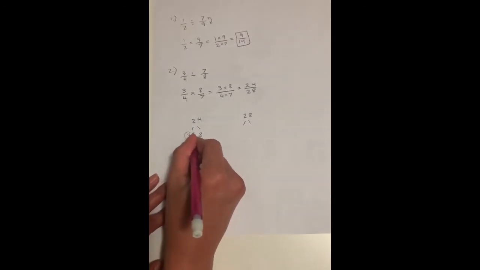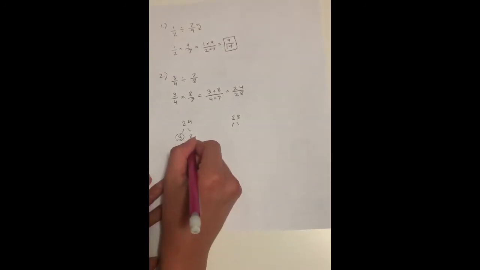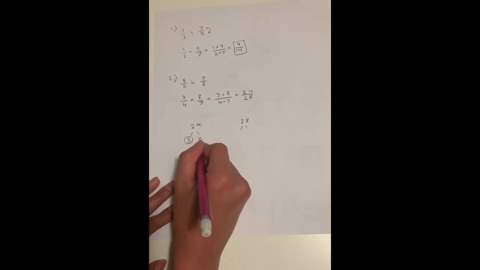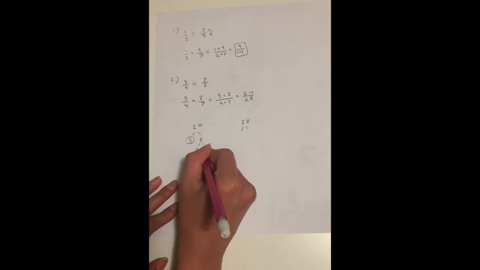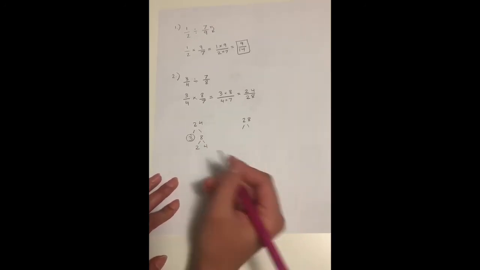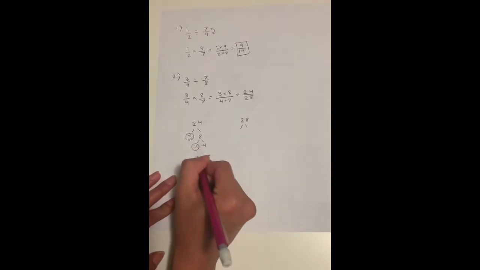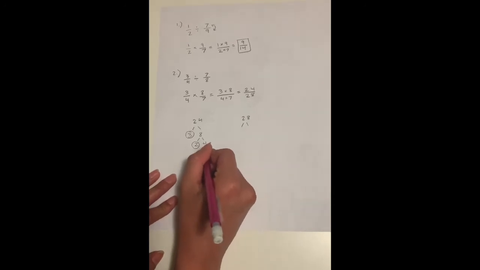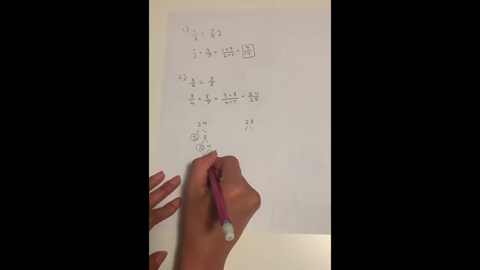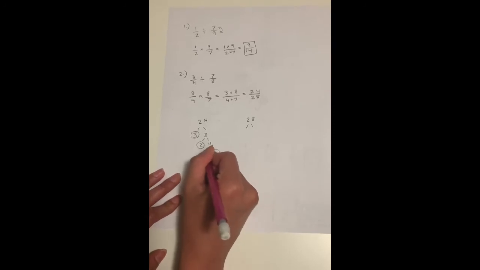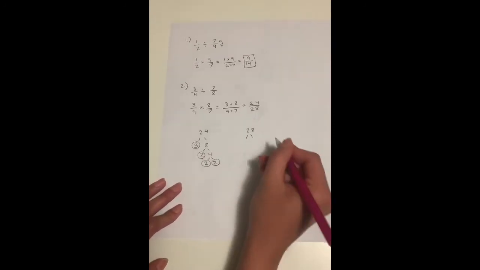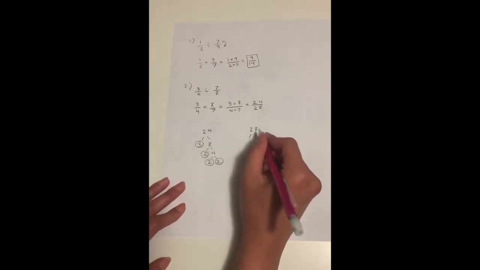So 3 is already a prime number, but 8 can be broken down even further. It can be broken down to 2, 4. So you circle the 2 because it's prime, and you can break down 4 even further to 2 times 2. And you're done.